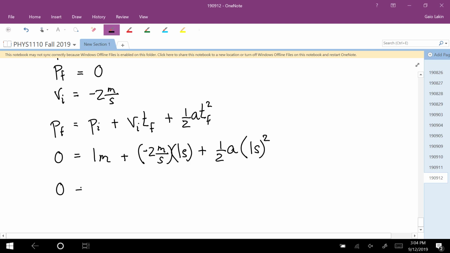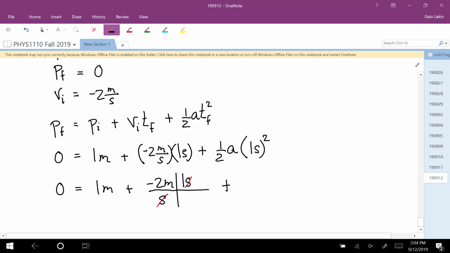And so 0 is equal to 1 meter, and now I'm going to write this out as -2 meters per second times 1 second. You can see that those seconds are going to cancel and we're left with meters. That's good because you can't add quantities that don't have the same units.